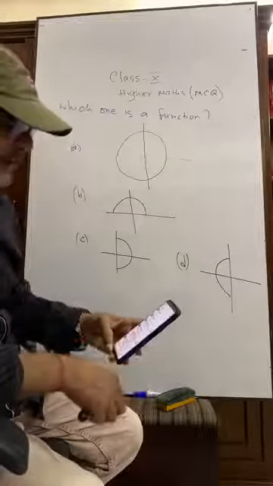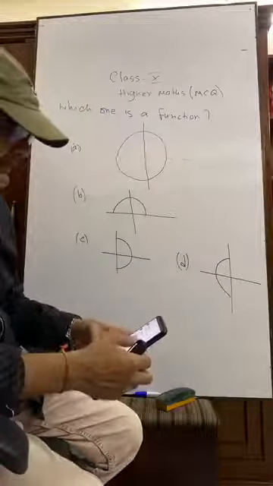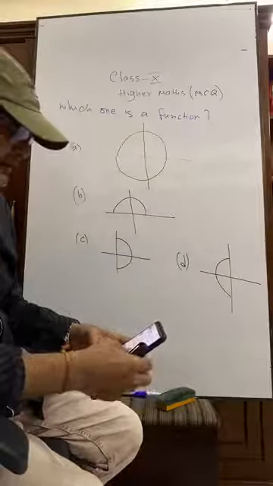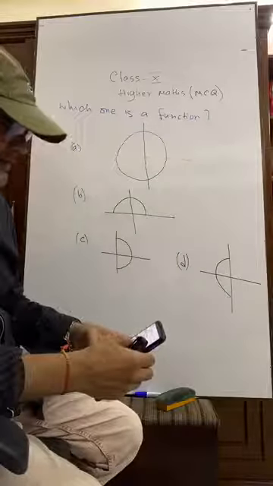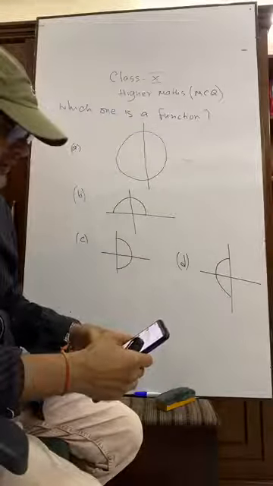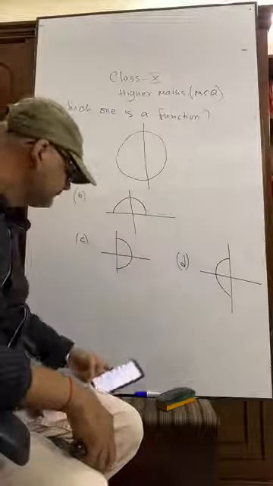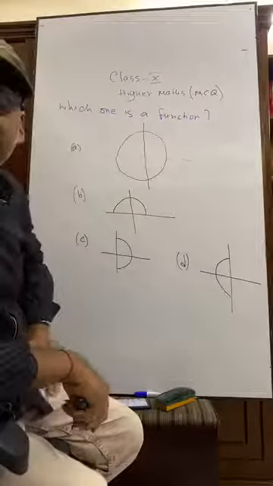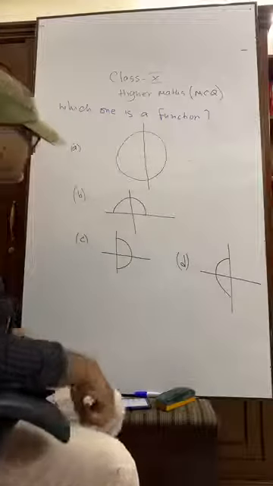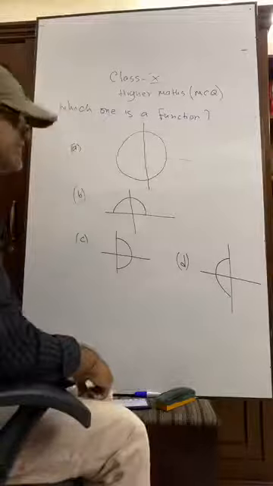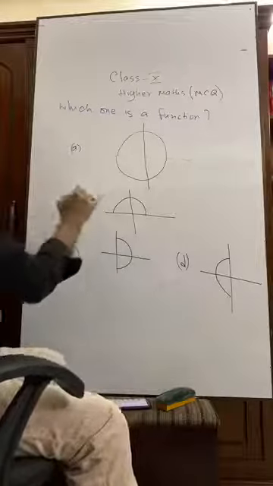She has answered A. Karima answered C. Joshimuddin answered C. Anyway, what will be the answer, right? Good. Its answer is question number B.